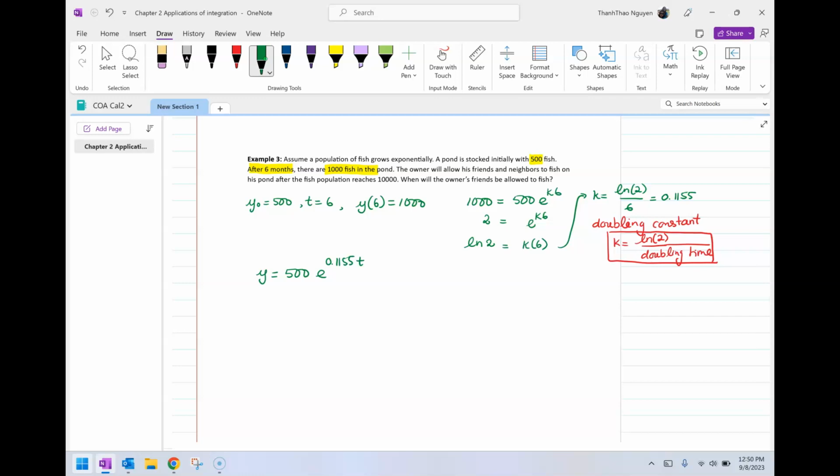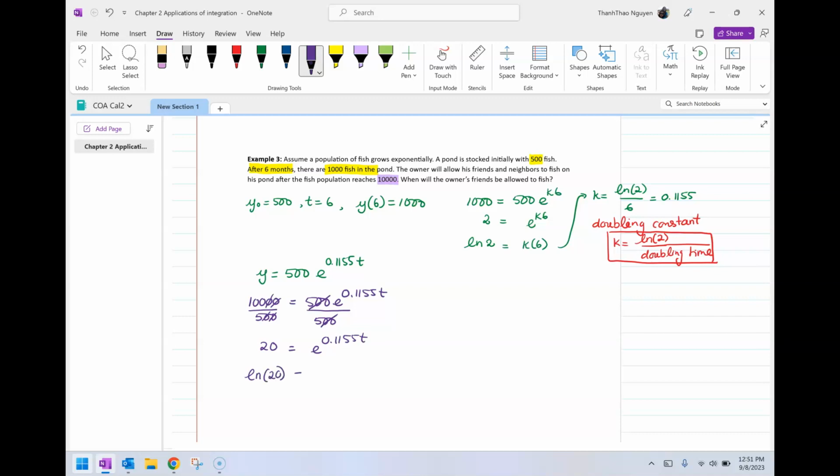Now I want to find out how long the friends have to wait for the fish to reach the population of 10,000. I can solve this by setting y equal to 10,000, so 10,000 equals 500 times e to the 0.1155t. Divide both sides by 500. So 20 equals e to the 0.1155t. I take ln of both sides.